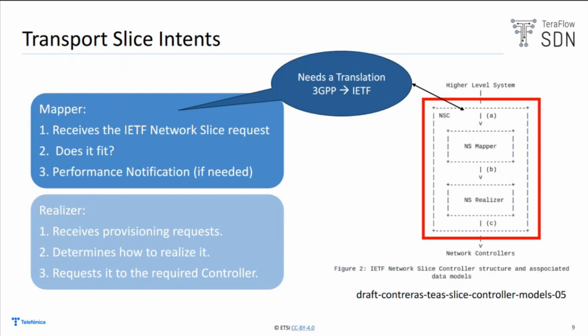So the mapper will talk with the planner module and check this information with the path computation. If the mapper receives a yes for this question, it will send information to the realizer, and the realizer will manage this information, formatting it to the TeraFlowSDN format.